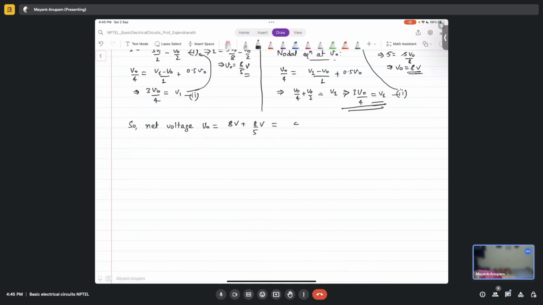This will be how much? 48 by 5 volts, correct? How much is this equal to? 9.6, right? So this concludes this question.